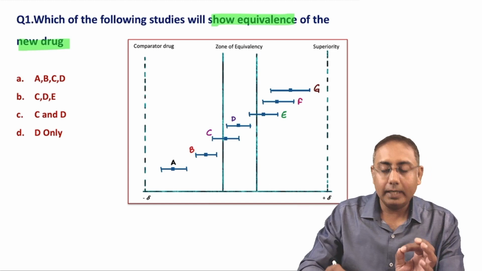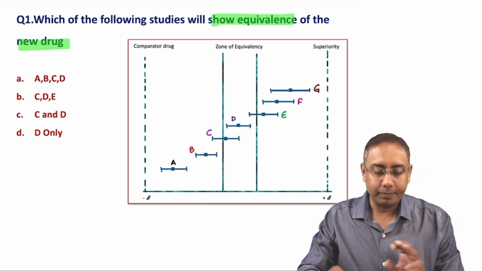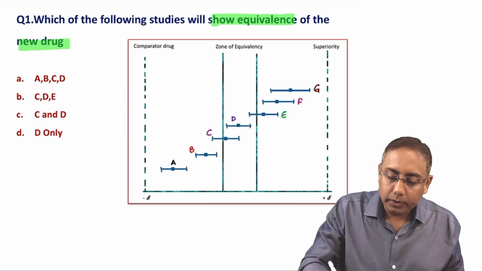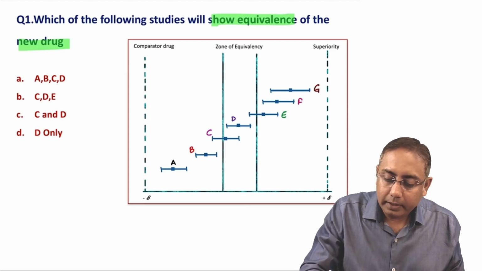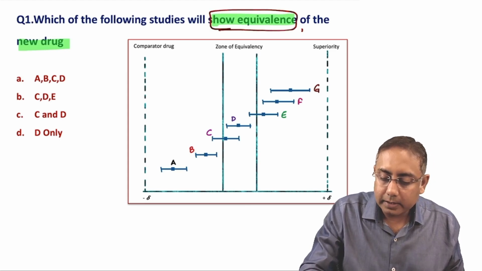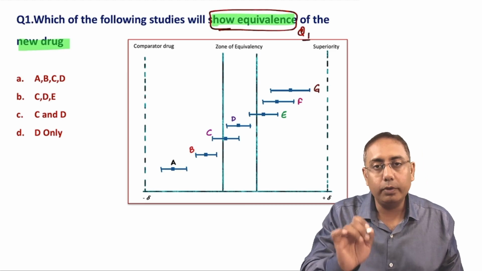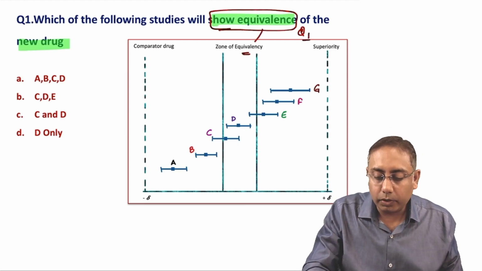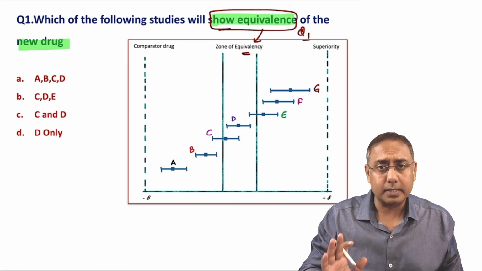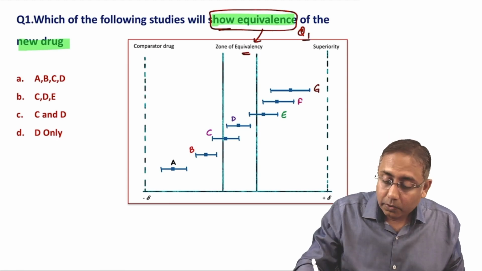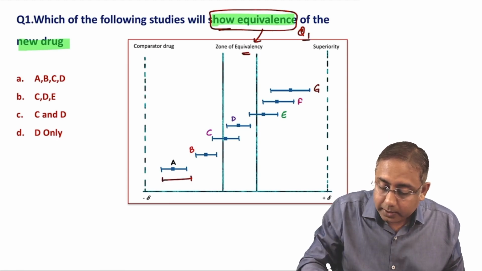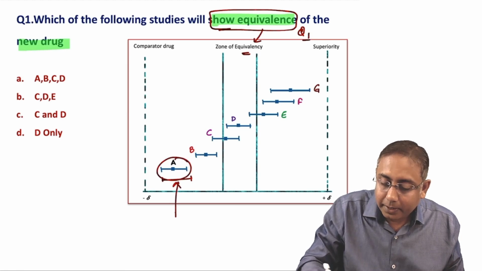You need to learn three things in this. The first thing you need to know is what we mean by equivalence, or by zone of equivalency. Second, what do we mean by these lines?